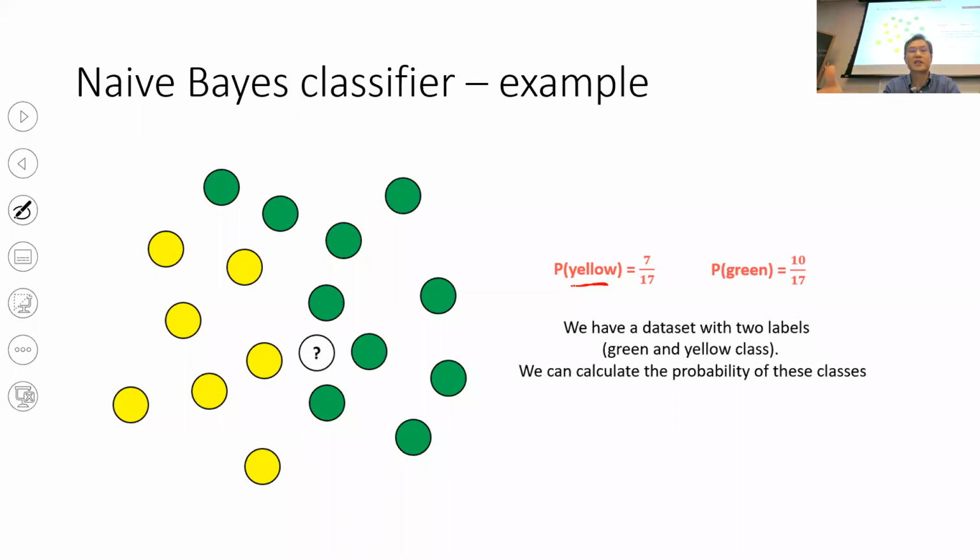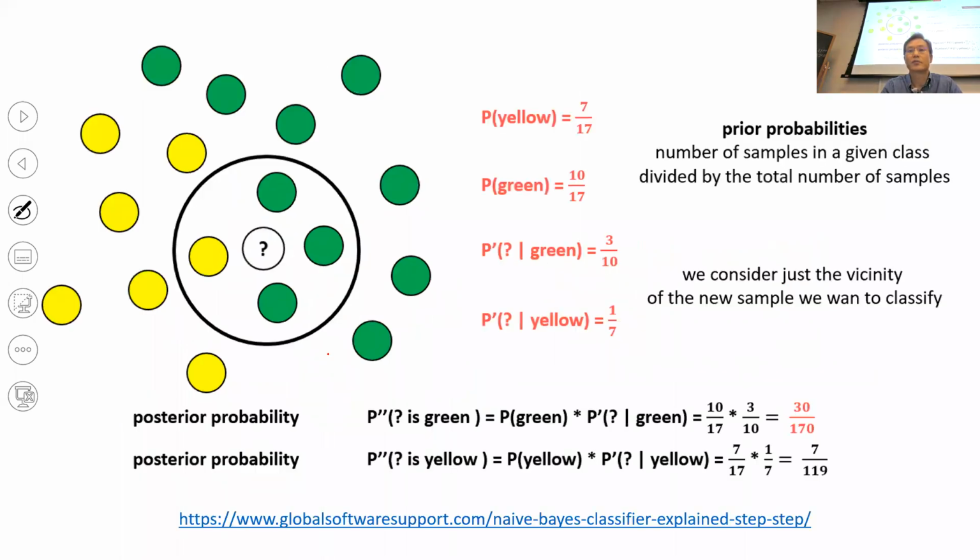You have a total of 17 points, and 7 of them are yellow. So you have a prior probability for a newly introduced data point to be yellow because of the frequency in the population. It's more likely to be a green one because within the 17 examples, 10 of them are green ones. So if we don't consider anything else, this new data point is likely to be green, right? So that's a prior probability.